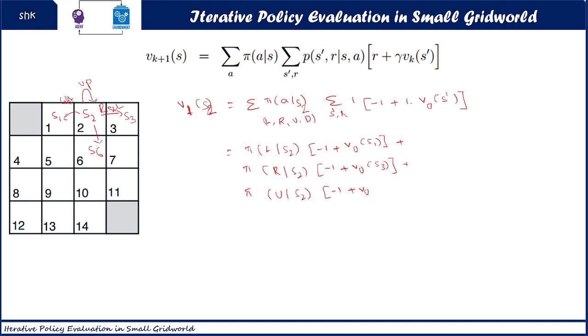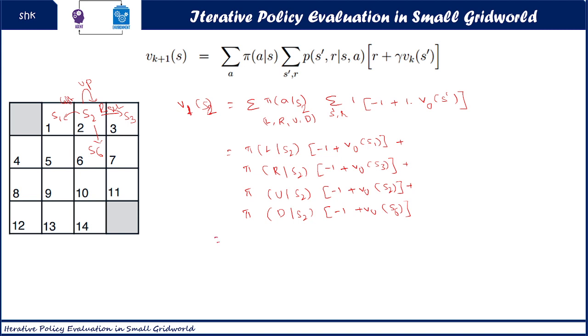The previous value we are going to consider as V0 of. As we don't have any state in the upward direction, we are going to consider the same state, that is S2 only, plus pi of the action downside in S2 state, multiplied with the reward -1 plus V0 of. So when we move towards downside, what is the state we are having? S6.